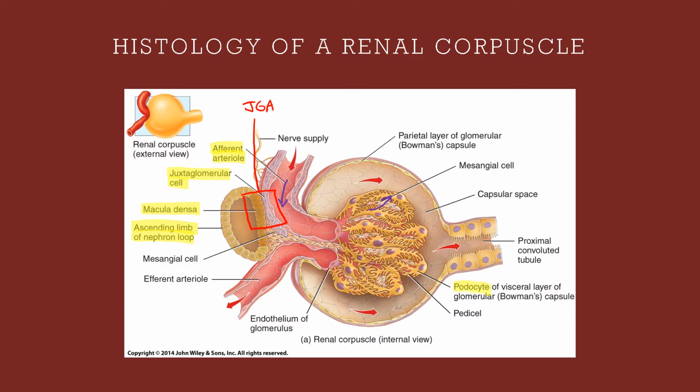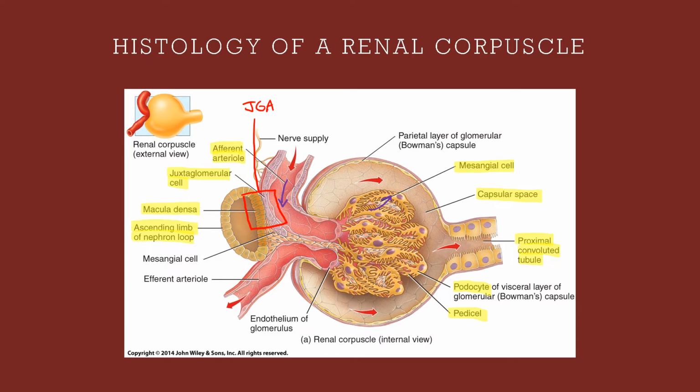So remember that we have those podocytes here with their little feet, pedicels. And the blood comes into contact with these podocytes and also the mesangial cells, and the blood is filtered here. So the filtrate is going to move through these cells into the capsular space and then out by the proximal convoluted tubule.